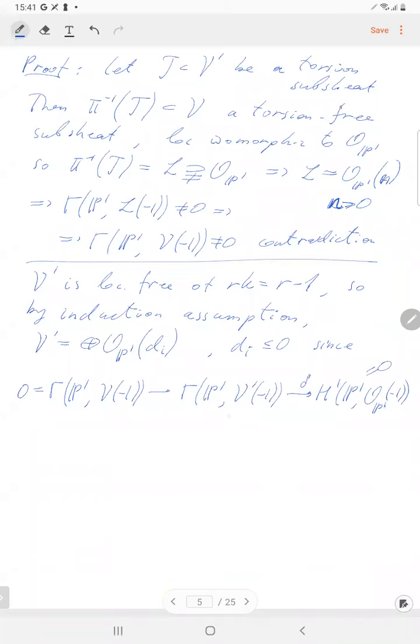Okay, so this is also 0. And it implies that all those summands are non-positive.